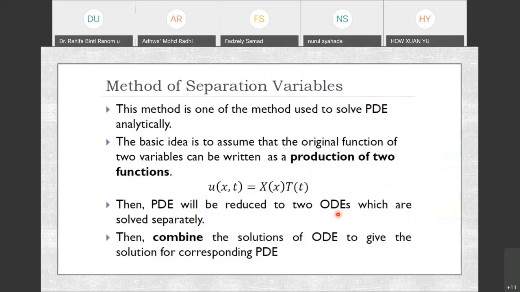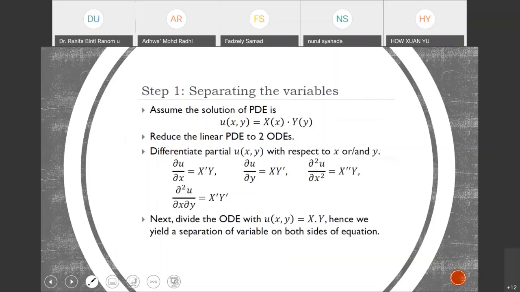You understand me? Then you can combine the solutions of the ODEs. We go back to this assumption: we have the solution of x and the solution of t, then we simply multiply them, and it will give us the solution to the corresponding PDE. Step 1. Okay, are you ready? Step 1.